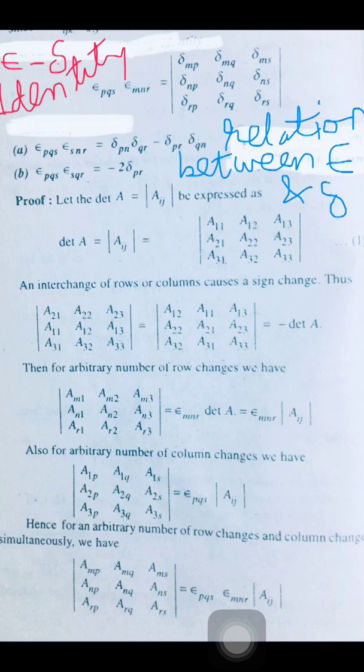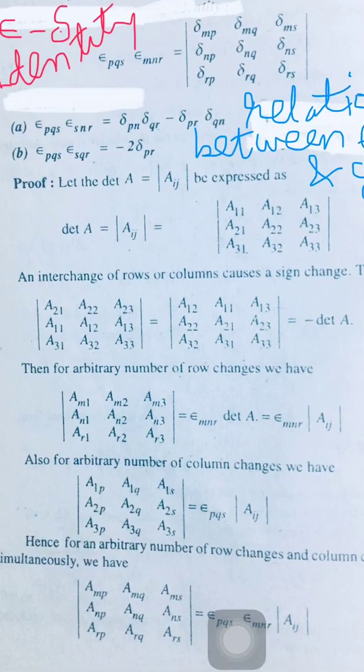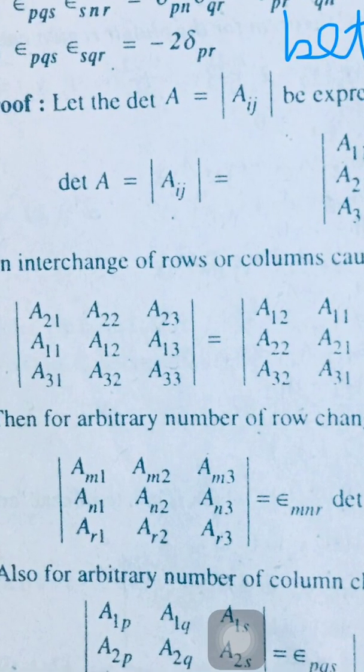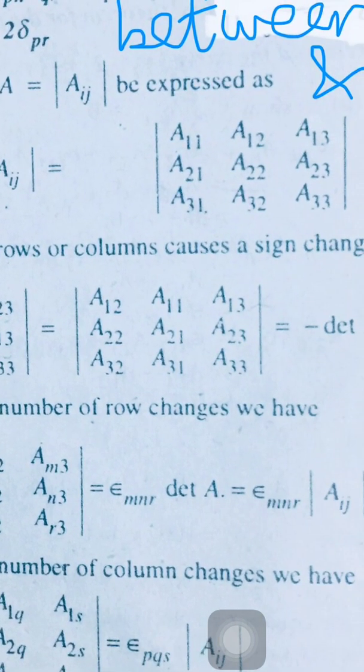Okay, so in that case, if we change one row, here you have observed A11, A12, A13, A21, A22, A23 are interchanged in row. But in that case, what we are seeing, the column is changed. A11 is going to the place of A12, A21 is in place of A22, and A31 in place of A32.